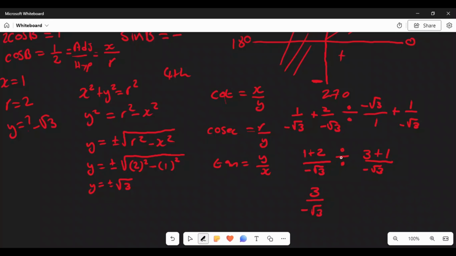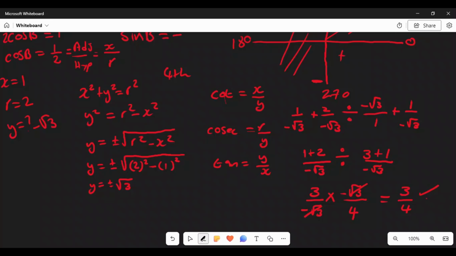So remember, when you change this into multiplication, they swap, guys, right? So the numerator becomes the denominator. So the numerator, which is our negative root 3, divided by what is 3 plus 1, is going to be 4. So since these are the same, negative root 3 and negative root 3, they divide each other. So our final answer here is going to be 3 over 4.